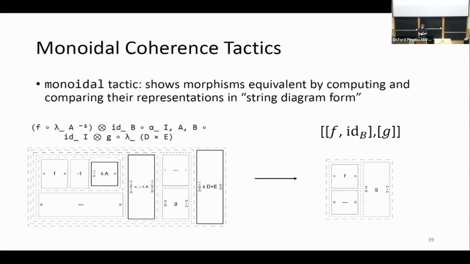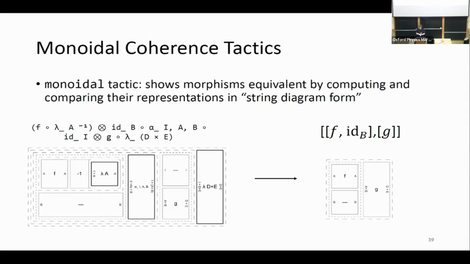The monoidal tactic effectively extracts from that term an almost string diagram representation, a list of lists of morphisms. We have an F and an identity and then G, and it sees that everything else is effectively ignorable. And what we can prove is that given two morphisms, if these list of lists representations are the same, then the morphisms are equal.